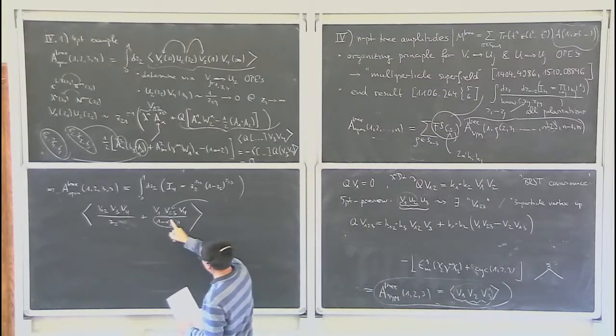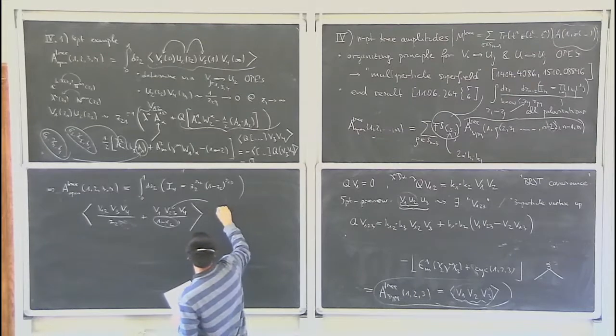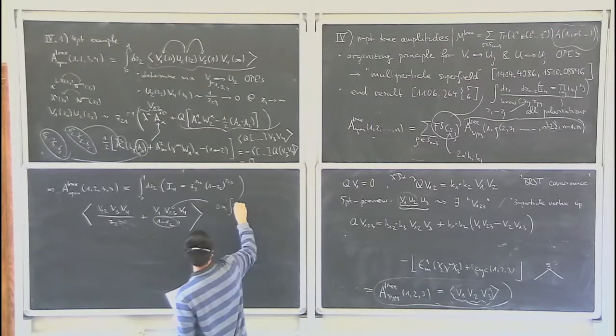And let's make it even more compact. Let's make sure there's only one independent integral appearing. Let's do a total derivative insertion.